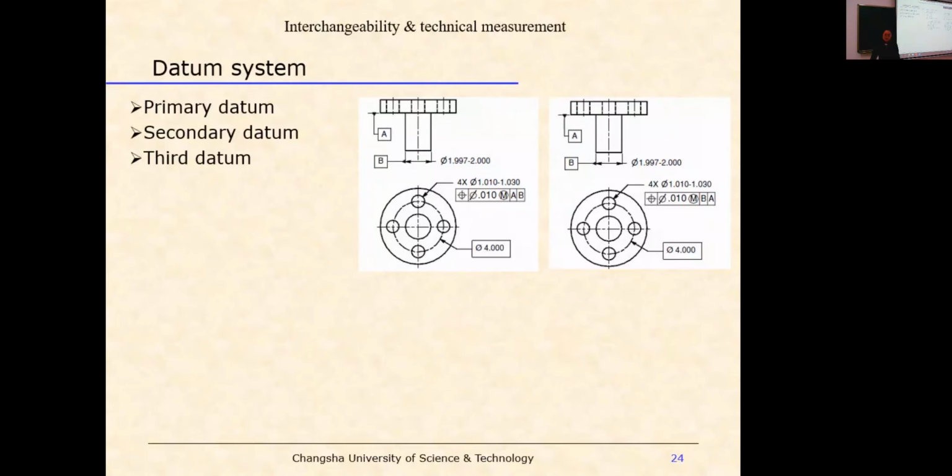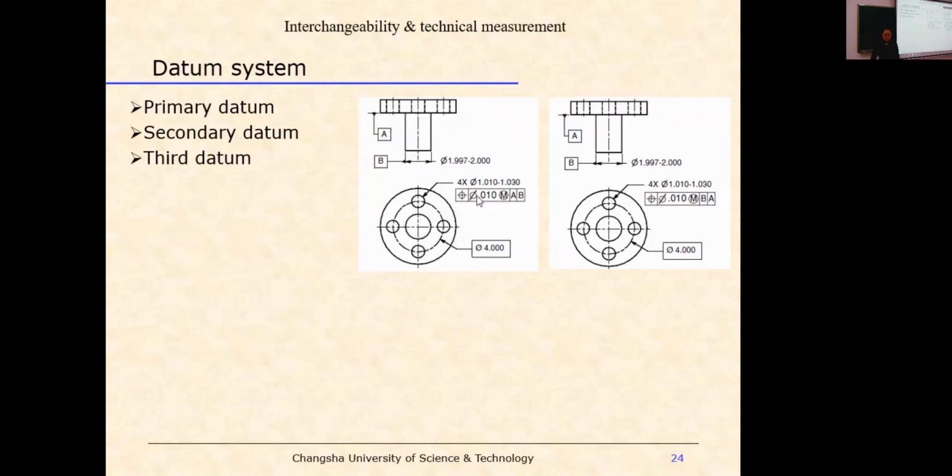This axis is perpendicular to the surface. So this is the theoretical position. It means that this axis line is not at the theoretical position. It has a phi 0.010 error.